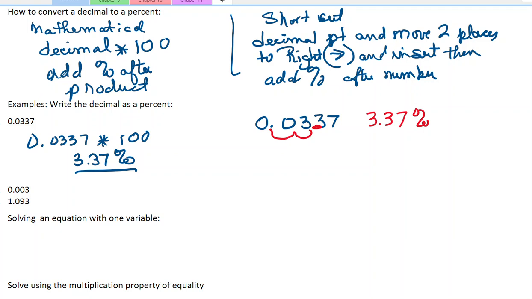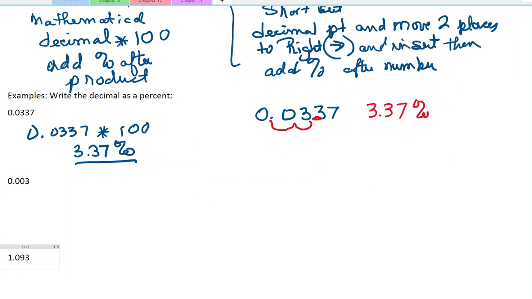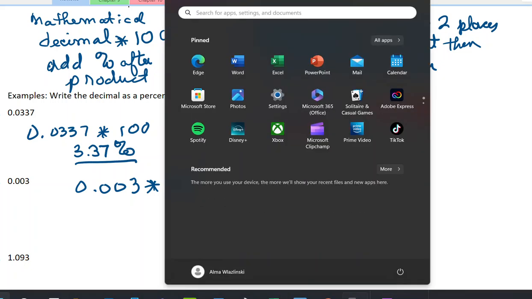Now this next one is kind of unusual because it's a very small decimal. It's 3,000ths. So let's look at that one. Okay. So if we do it mathematically, we're going to multiply by 100. So I'm going to do that.